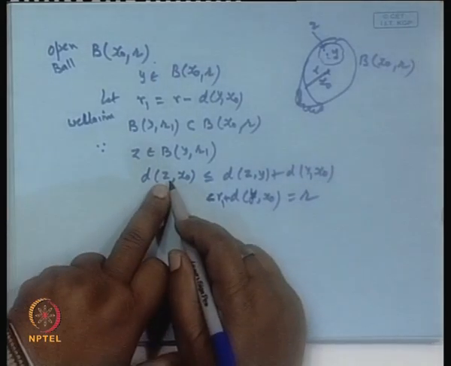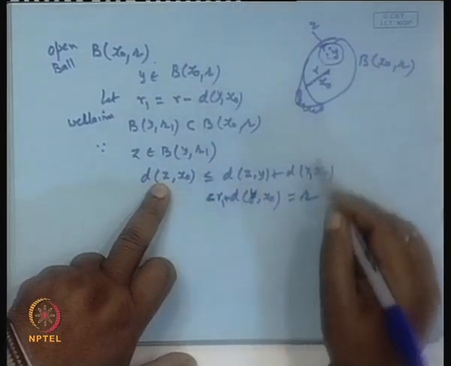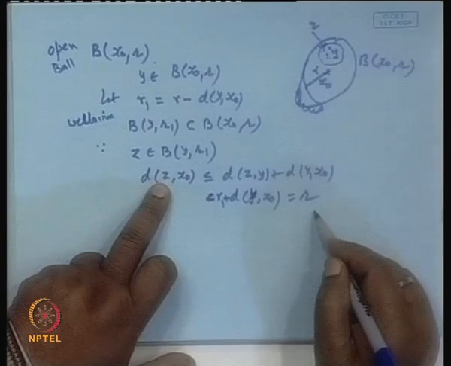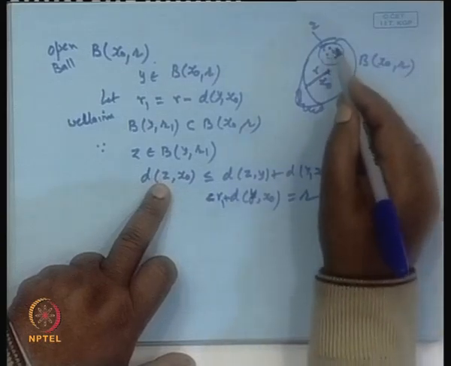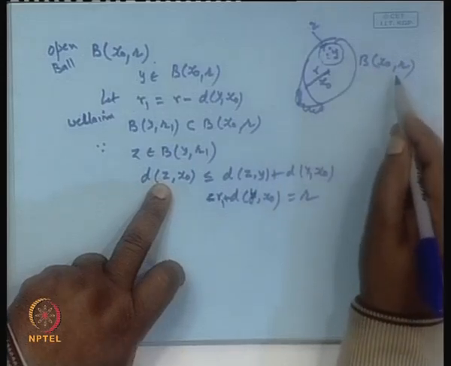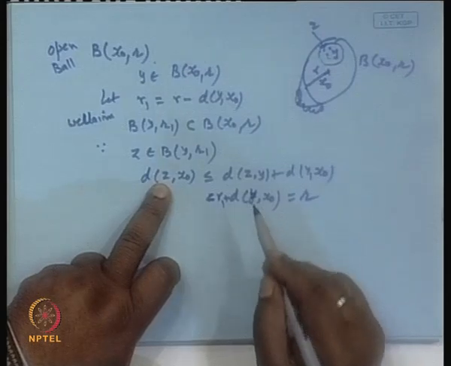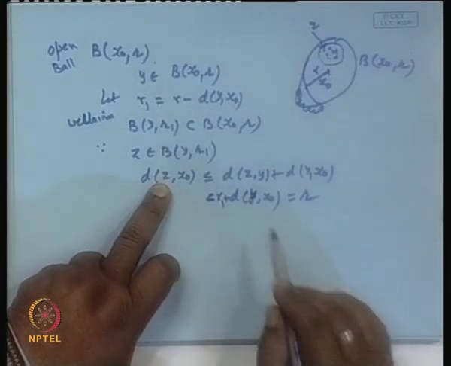So, if we pick any point z in this ball, then its distance from x naught cannot exceed r. It means all the points of this ball lie within B(x naught, r). Therefore, this becomes an open set. So, every open ball is an open set.